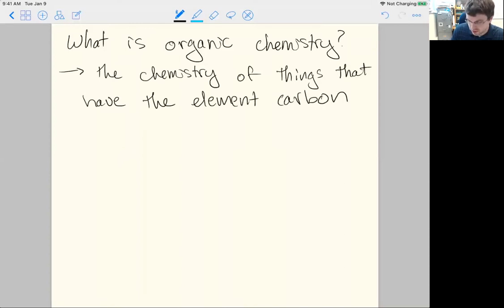Now, this course is supposed to serve as a first chemistry course. So if you haven't had introductory chemistry at some level, whether that's college or high school, let's discuss what I mean by this element carbon. Carbon is an element on the periodic table.